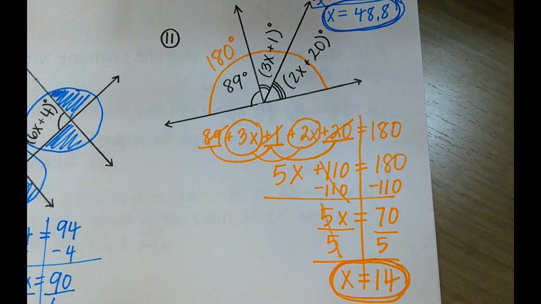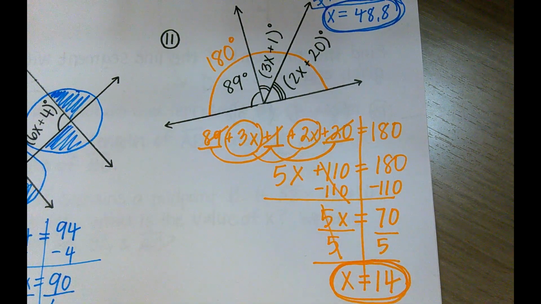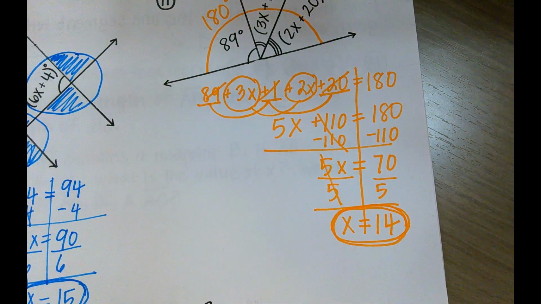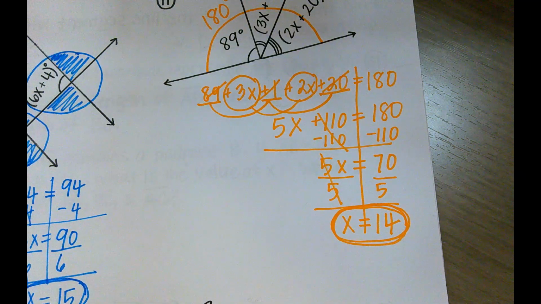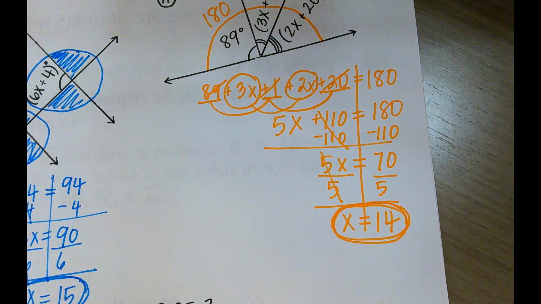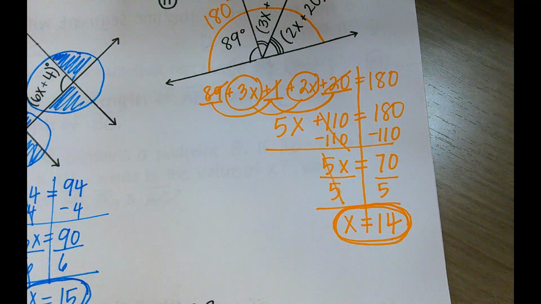Figure number 11. Voila. Okay, we're done with angles. Before we move on to page 4, do we have any questions about these angles here? Any questions at all? I see a few people still looking up and writing.